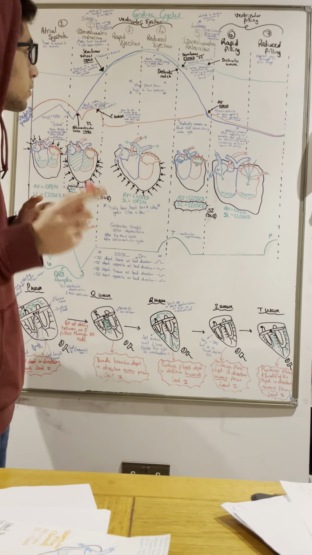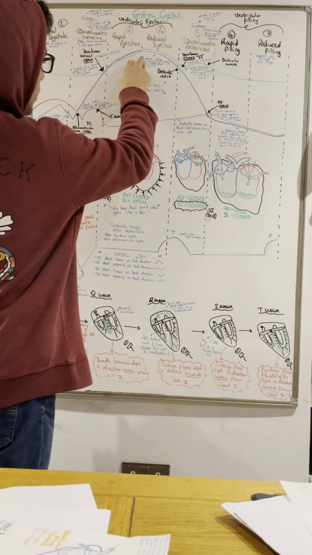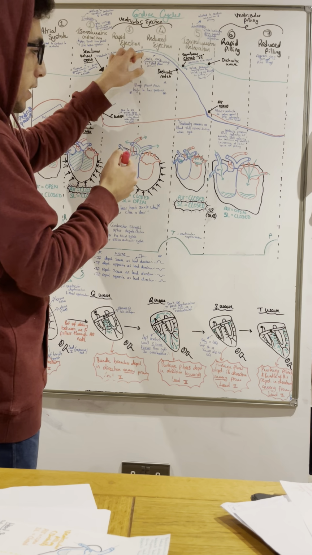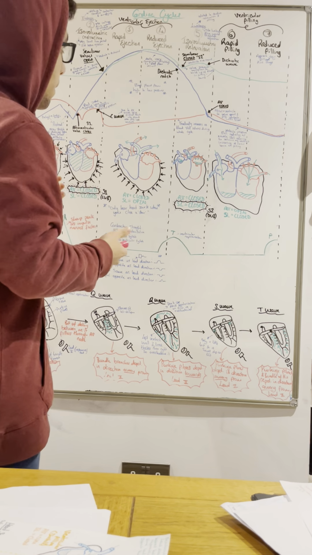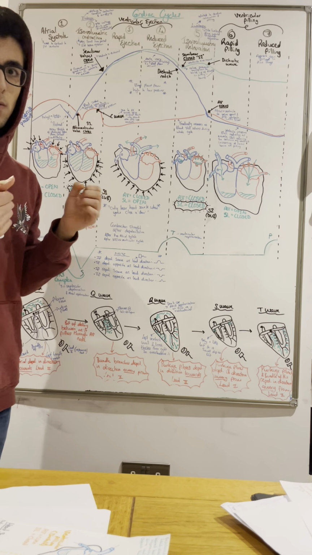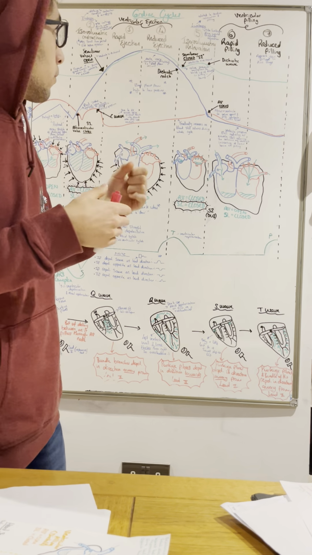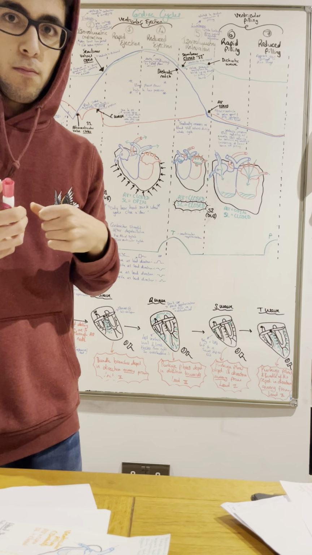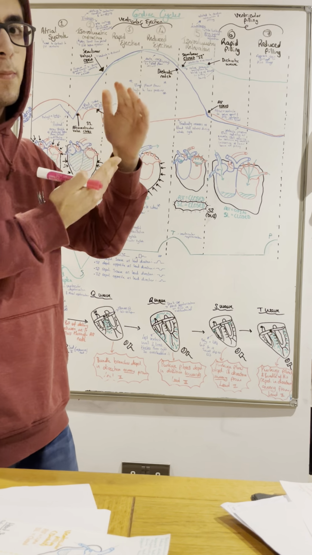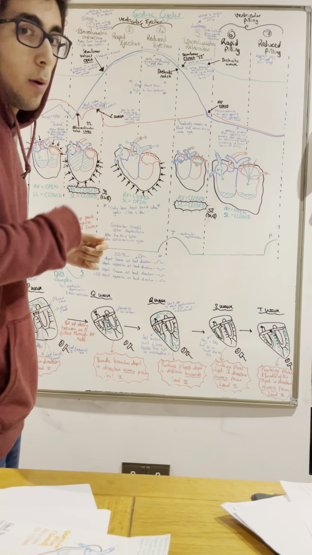Okay, keep that in mind. It's going to go up there, blood's going to squeeze out, and the reason it keeps getting ejected still is because our ventricles are contracting. So it's still going to squeeze out, just because maybe the arterial pressure is higher, it's still being squished out, and it's got momentum as well.